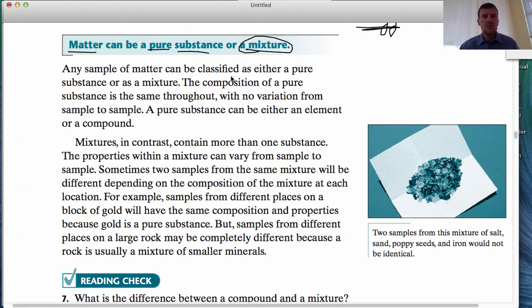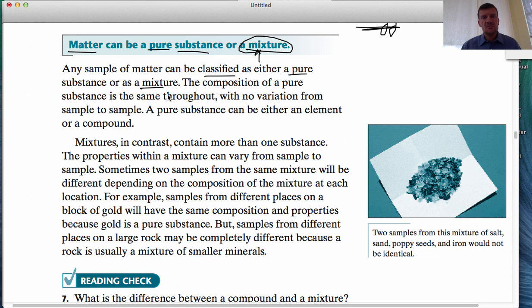Or matter can be a mixture. And obviously just from the term there you can see that it's going to be a conglomeration. It's going to be a substance that has different substances, different materials, different types of chemicals mixed together. So we classify it as either pure or a mixture.